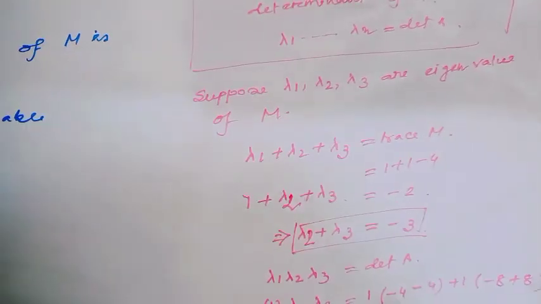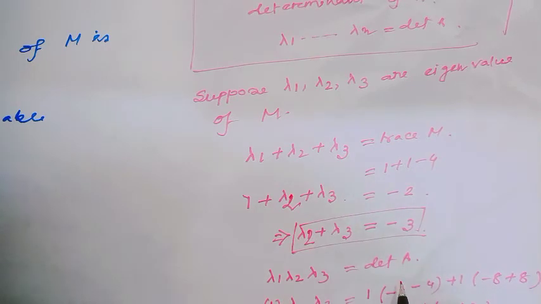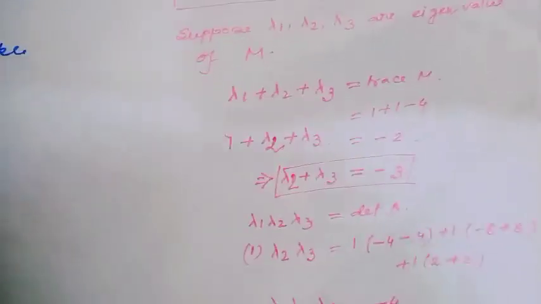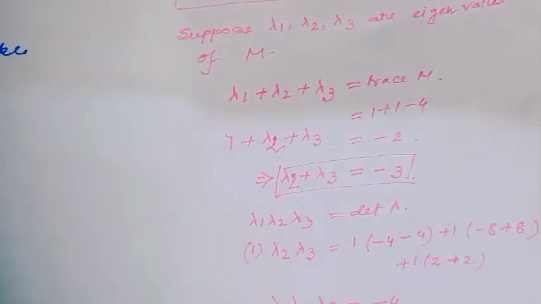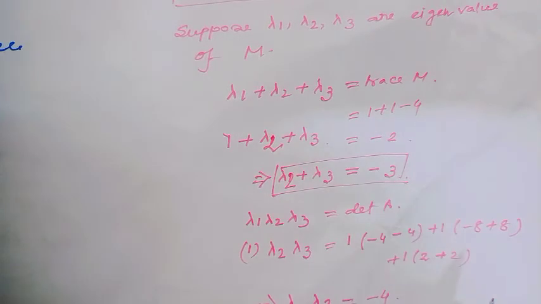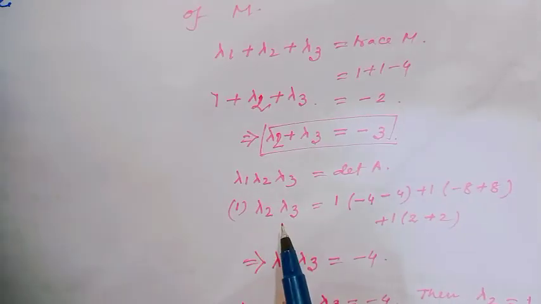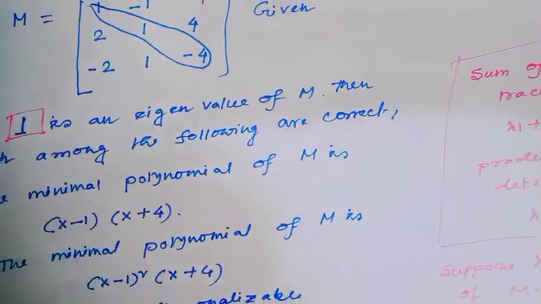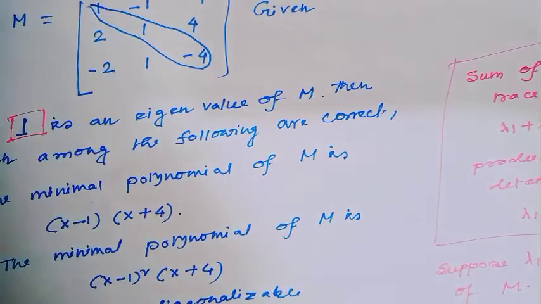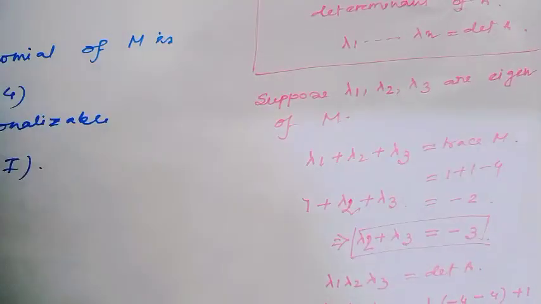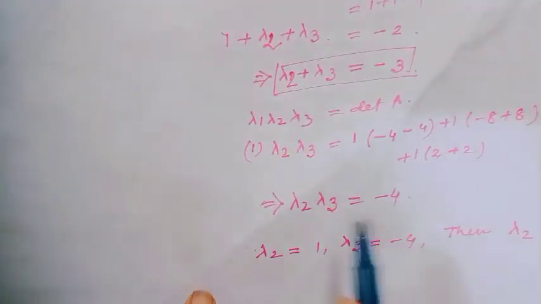And since the product of the eigenvalues is the determinant of the matrix, lambda 1 times lambda 2 times lambda 3 equals the determinant of A. Since 1 is an eigenvalue, 1 times lambda 2 times lambda 3 equals the determinant of M, which, just calculate, would be minus 4.